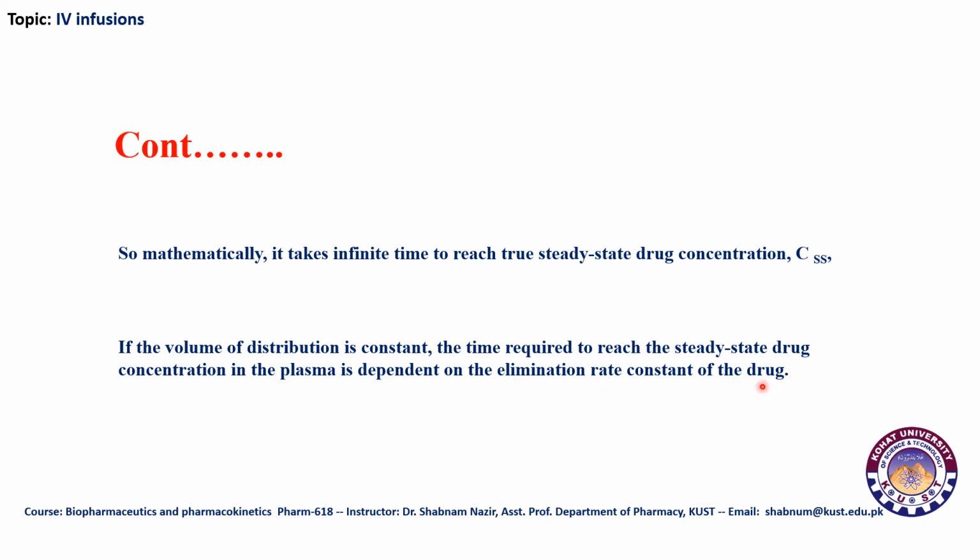So if, for example, in that equation, as we know, Vd, clearance and the elimination rate constant were involved, and the volume of distribution is constant, one parameter is constant and the other is taken, so the steady state concentration in the plasma is dependent on the elimination rate constant of the drug.